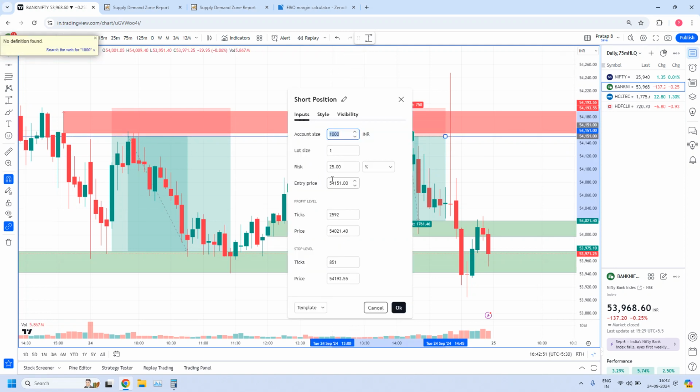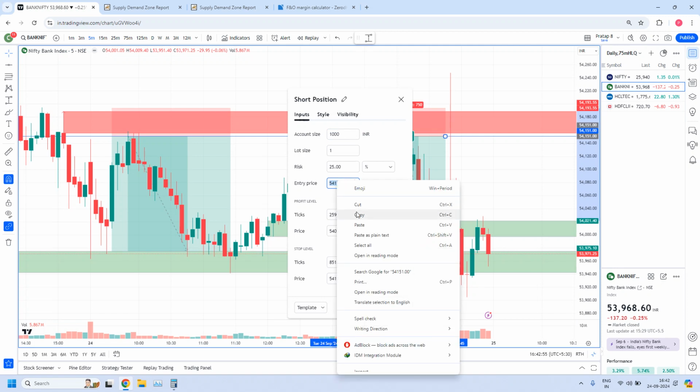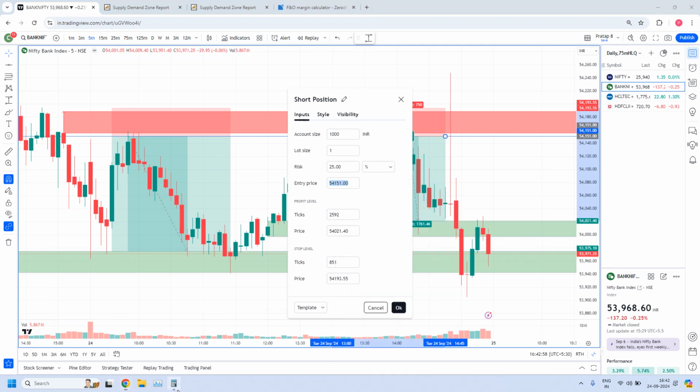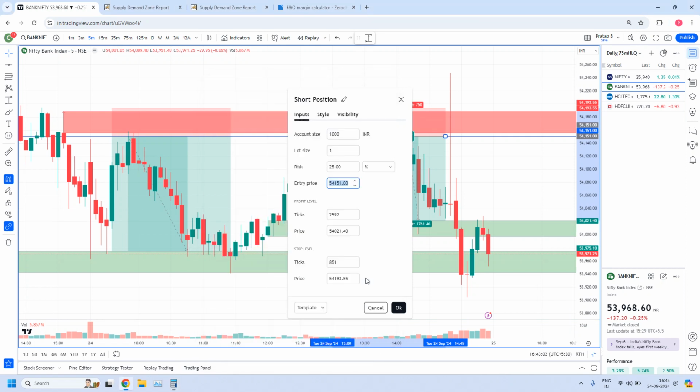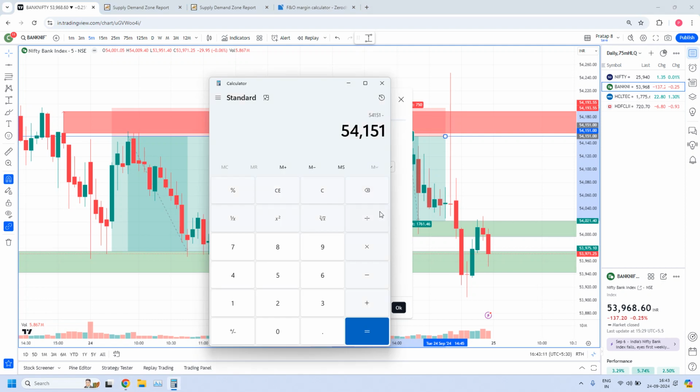So what is our entry? The same entry price, 54,151, is our entry. The first trade also we have taken exactly at the same price. And what is our profit level? 54,021.40.